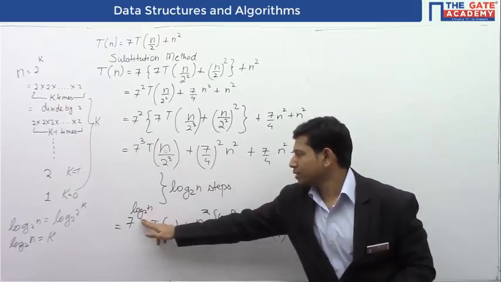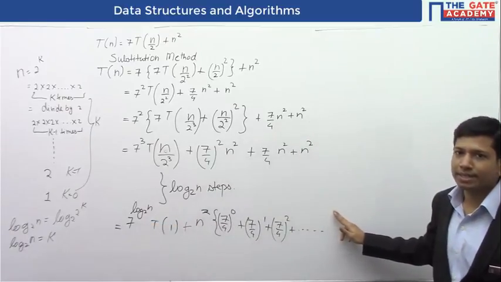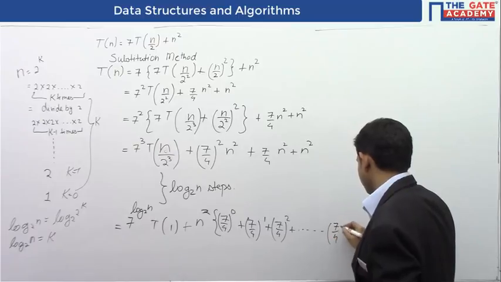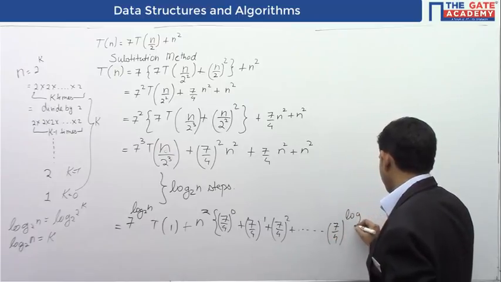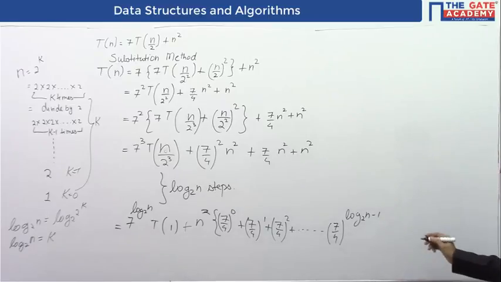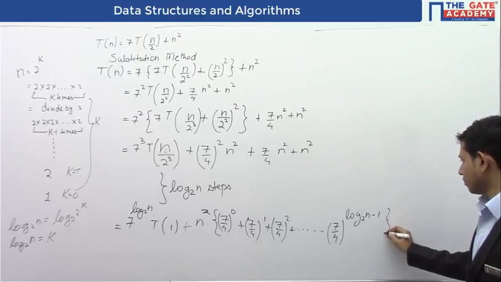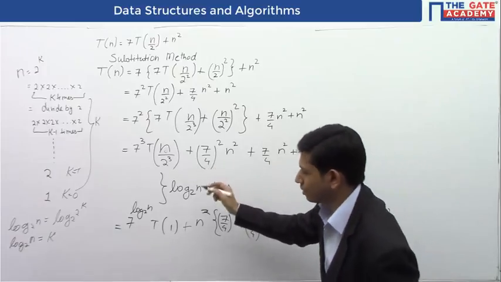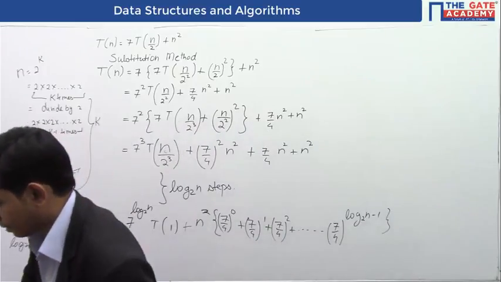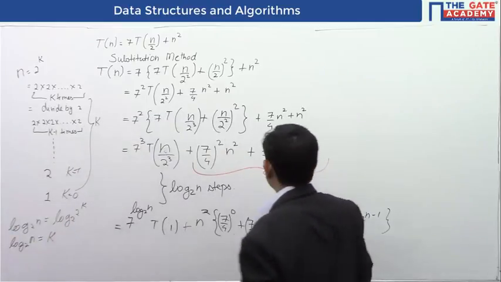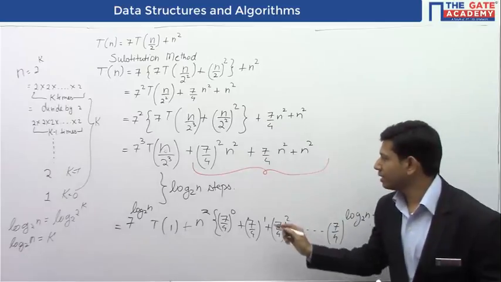If it is log n base 2, it will be log n base 2 minus 1. So here we have just written this series in reverse order.